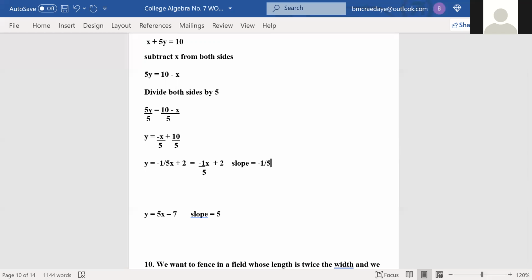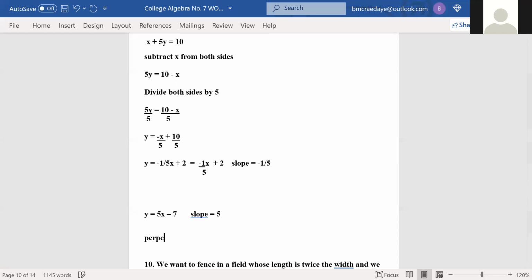So when the slope is a reciprocal and a change of sign, it is perpendicular. You have a 5, the reciprocal of 5 is 1/5, and the opposite sign is negative. So because the slope is the reciprocal with a different sign, then it is perpendicular.